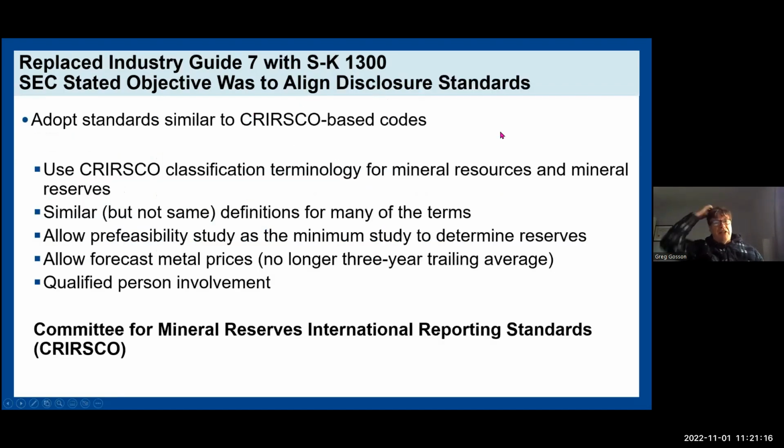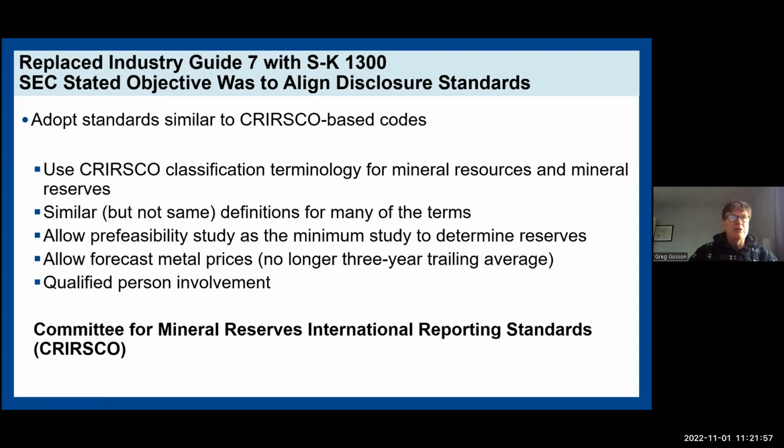So they replaced Industry Guide 7, which was the current policy document, the guide for companies with mining properties, with this SK-1300 rule. And their stated objective when they published this new rule was to align the disclosure standards. So to do that, they did adopt standards similar to what's called the CRISCO-based codes. And CRISCO is an acronym that doesn't quite work because they changed the name of this group, but it's a volunteer group that has funding from industry and other funding sources that basically has representatives of mining jurisdictions, national standard setters in those jurisdictions.